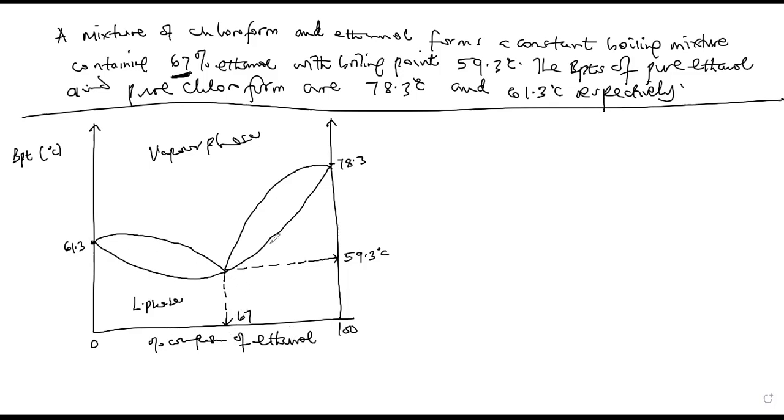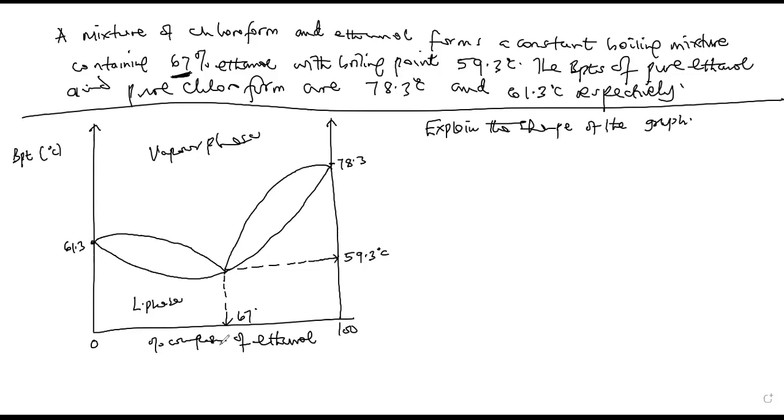So it deviates positively from Raoult's law. If they say explain the shape of the graph, you need to first tell me that the solution has a minimum boiling point at 67% of ethanol, which implies that it deviates positively from Raoult's law. Then you give me the reason as to why.